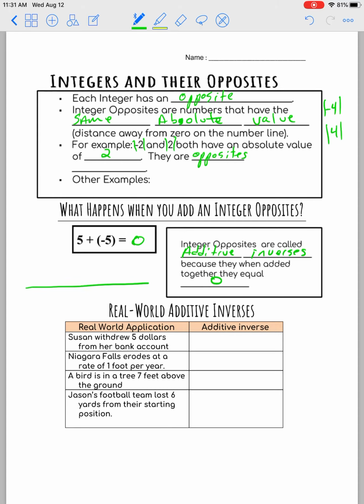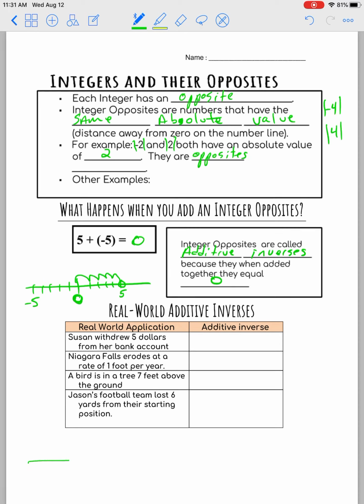If you want to look at it on a number line, let's look at our 5 plus negative 5. 1, 2, 3, 4, 5. If I'm at 5 and I add negative 5, that means I'm going to go backwards on this number line. I'm adding negativity. 1, 2, 3, 4, 5. I end up at 0. The same works this way.